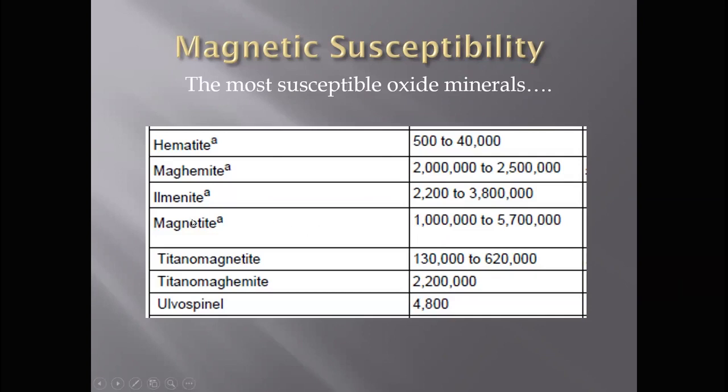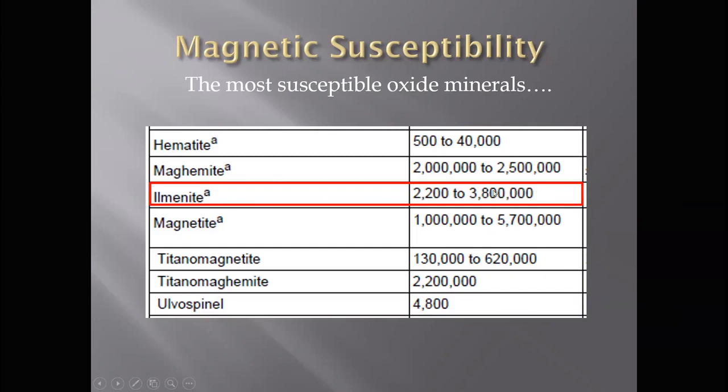And I'll draw your attention to magnetite over here. We're talking SI units here. Magnetite is by far and away, with titanium maghemite, the mineral most responsible for any kind of response to the Earth's magnetic field, any kind of magnetic response. But if you look at this one here, this is what's critical when it comes to kimberlites. And you'll see that it can actually go right up into the magnetite field and the maghemite field, into the millions, 3.8 million.